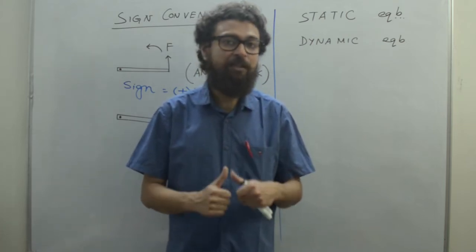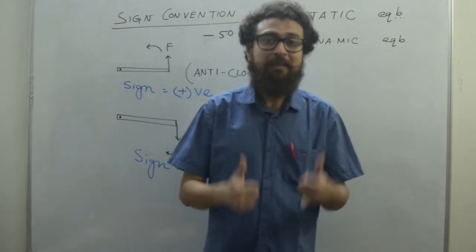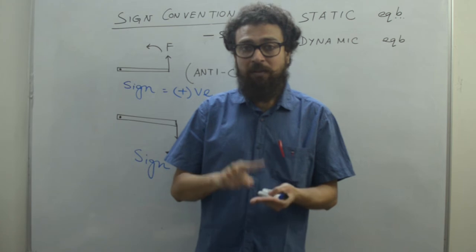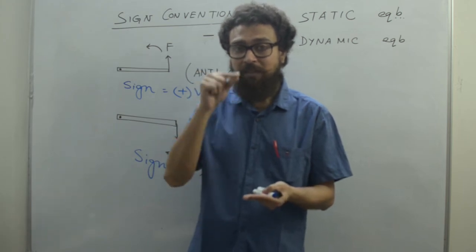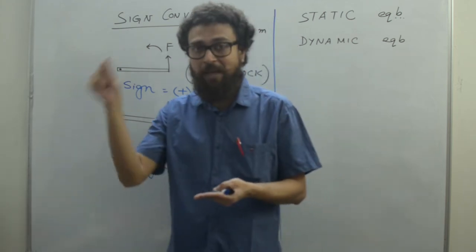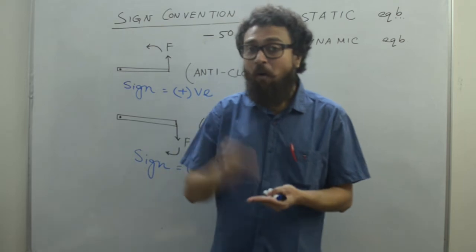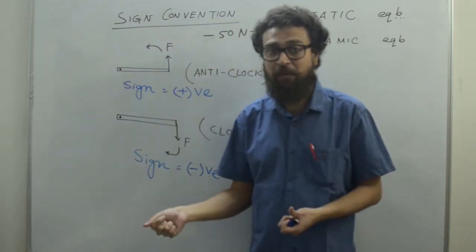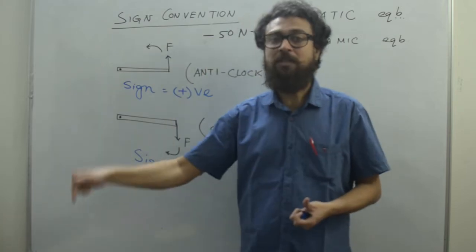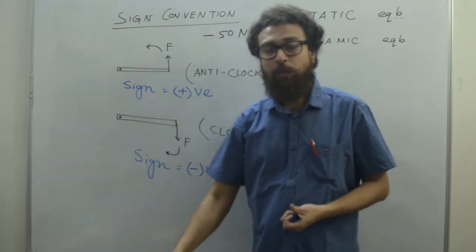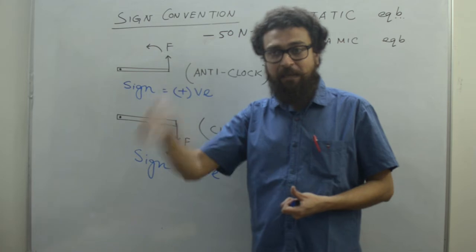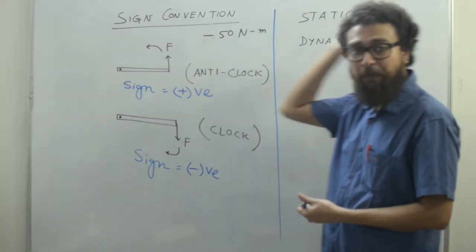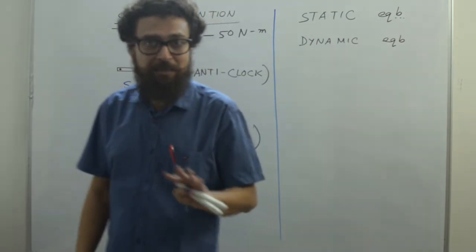So what I am trying to exhibit to you is that in order to achieve equilibrium, first of all, the sum of all the forces acting on the body, the resultant, should be equal to 0. And second, the sum of all the moments with respect to the forces applied on the body should also be equal to 0. Then only we can say the body is under perfect equilibrium. Sure, this concept is clear to you.